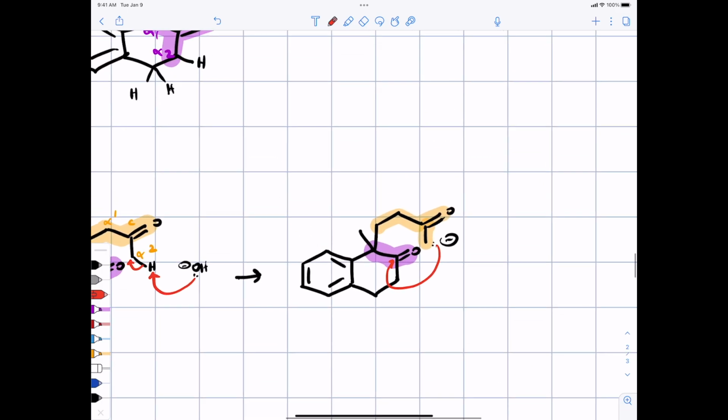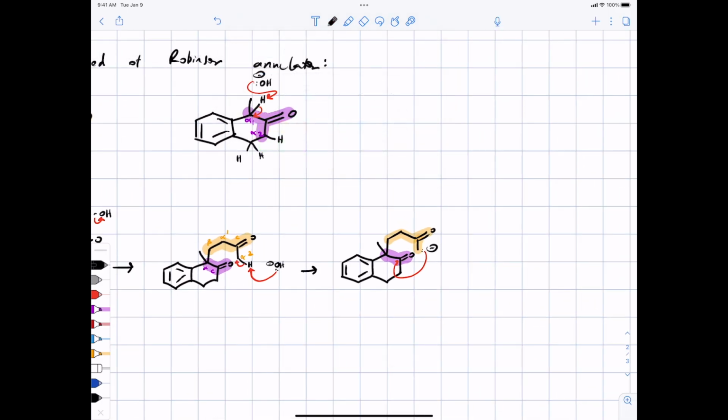attack the carbonyl carbon. Since you know what aldol products look like, I'm going to abbreviate the last couple of steps. If you want to fill in the mechanism later, you certainly can.